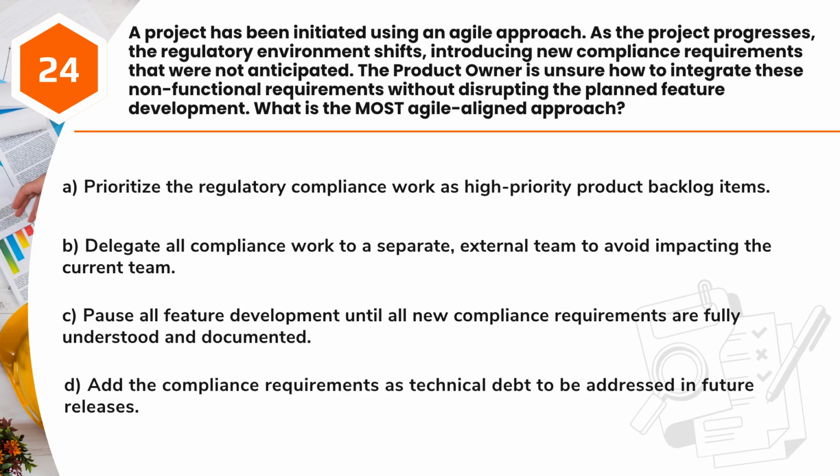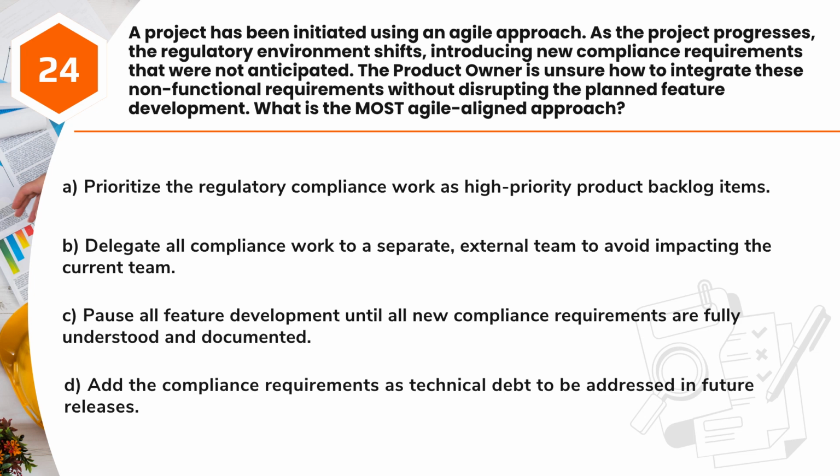Question 24. A project has been initiated using an Agile approach. As the project progresses, the regulatory environment shifts, introducing new compliance requirements that were not anticipated. The product owner is unsure how to integrate these non-functional requirements without disrupting the planned feature development. What is the most Agile-aligned approach?